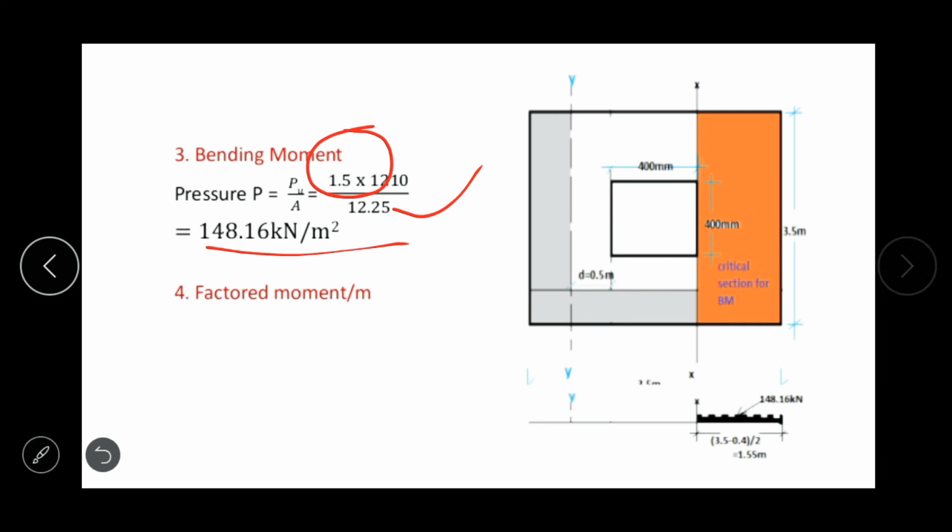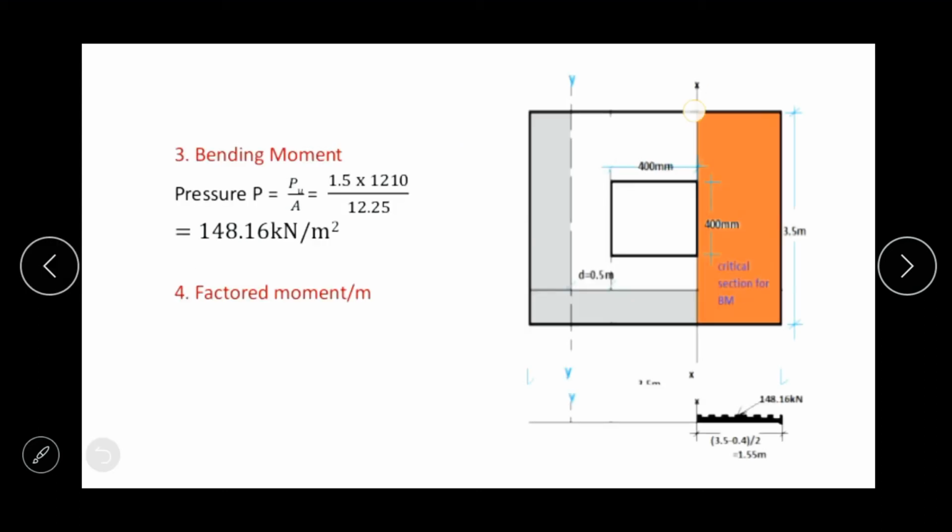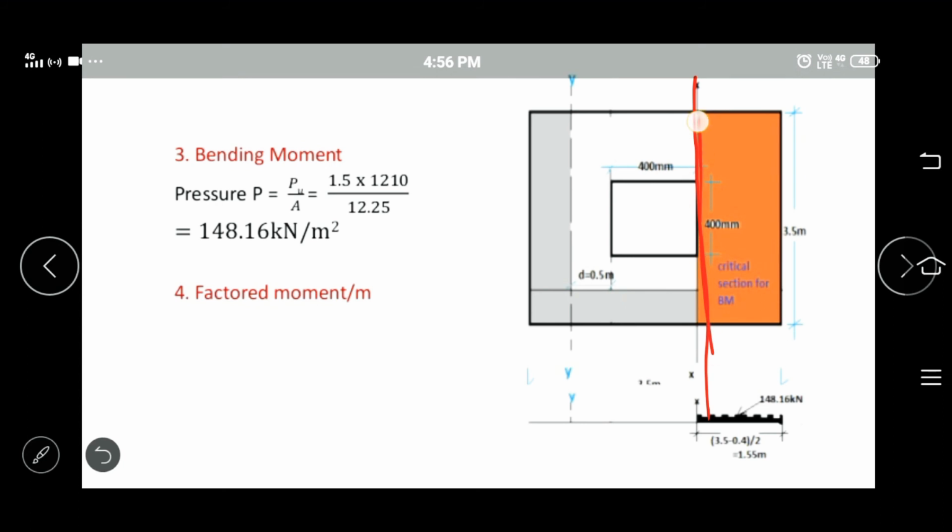So in the next step, we have to determine the factored bending moment. The factored bending moment can be calculated by the formula given here. This formula is derived from the unsupported cantilever length of the footing. Already I have discussed this in my first video. Here the critical section lies at the face of the column.